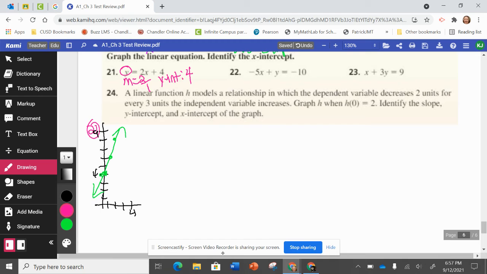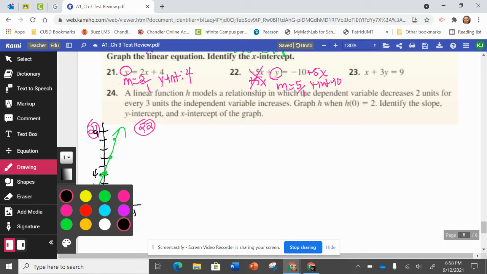For 22, that is not in slope-intercept form. Couple ways we could do this. We could get this into slope-intercept form. All I would need to do, the opposite of subtracting 5x is adding 5x. And now y is alone. That means that my slope is 5, or 5 over 1, and my y-intercept is negative 10.